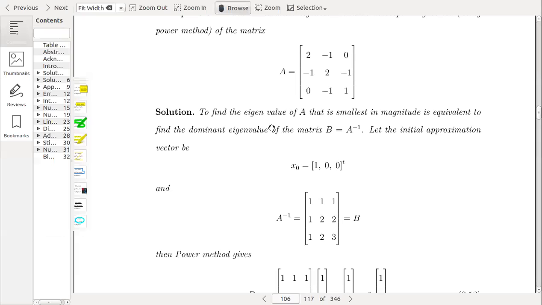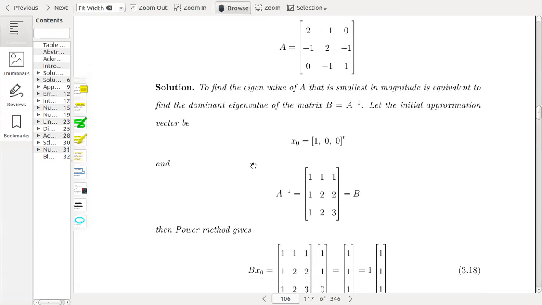To find the eigenvalue of A that is smallest in magnitude is equivalent to finding the dominant eigenvalue of the matrix B equal to A inverse. Let the initial approximation vector be x0 equal to (1, 0, 0) transpose, and A inverse is equal to 1, 1, 1, 1, 2, 2, 1, 2, 3, which is B.